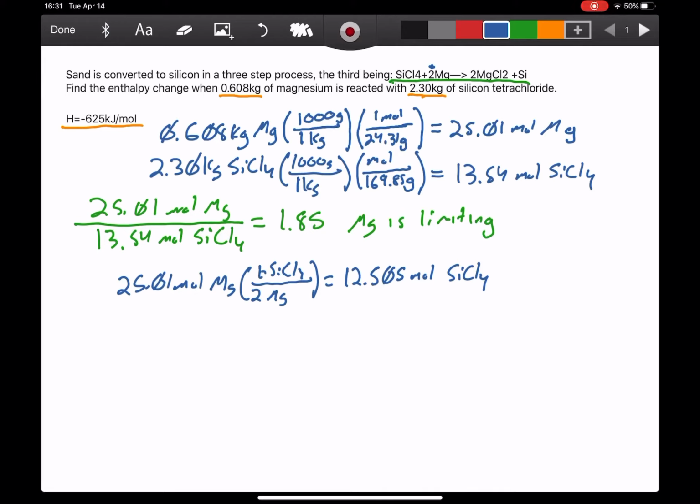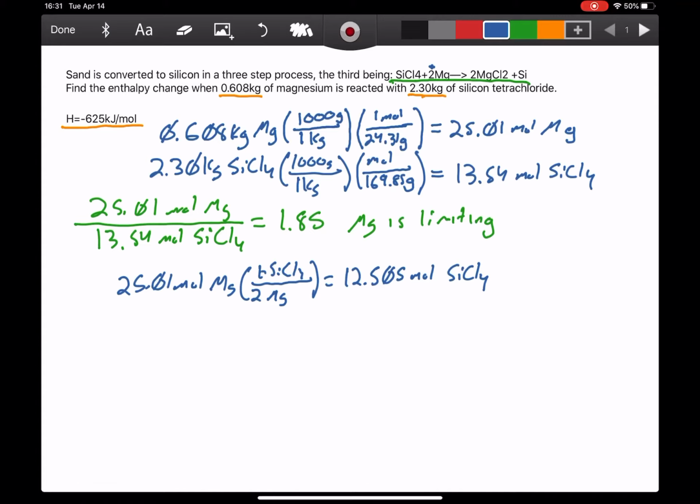The reason we found the number of moles of SiCl4 we need is because the delta H for this reaction is in regards to the conversion of SiCl4 to pure silicon, not magnesium. I know it doesn't say that, but that's what this delta H is for.